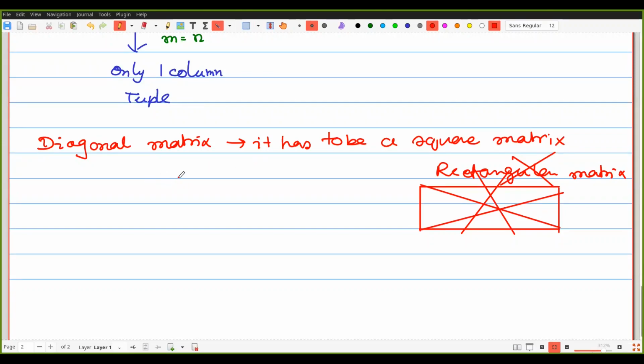Suppose we have a square. According to geometry, what are the diagonals? From that point to that point. But here also, only those elements which are present from the leading element to the last element are considered as diagonal. Let's check why.